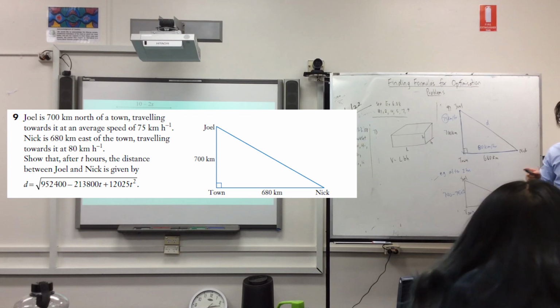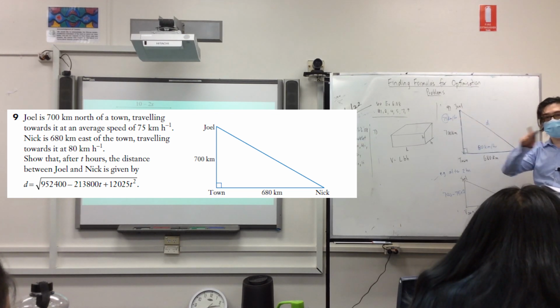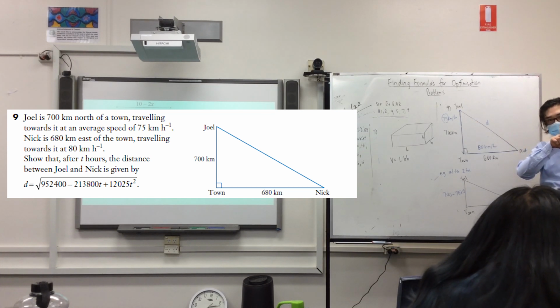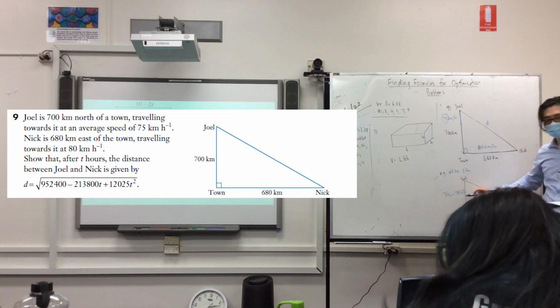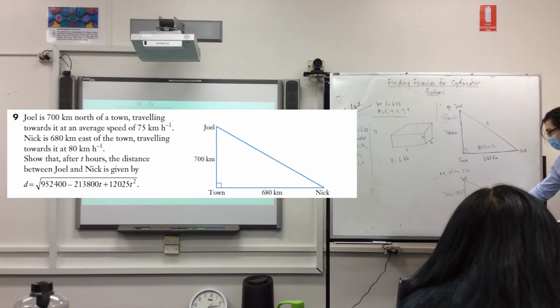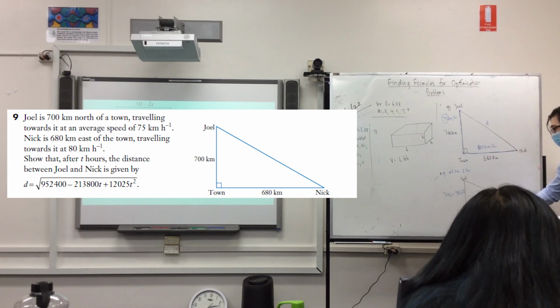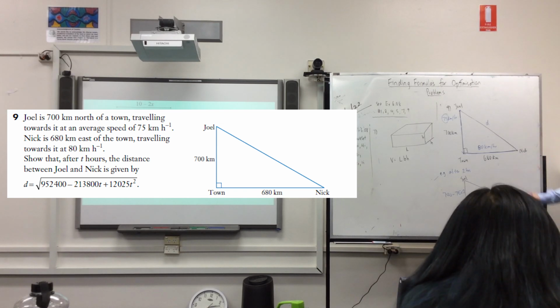Yeah, 700. This is how much Joe's traveling for 1 hour. So after 2 hours, Joe is that much away from the town, correct? Then similarly, after 2 hours, how far will Nick be from the town? 680. That makes sense, yeah?